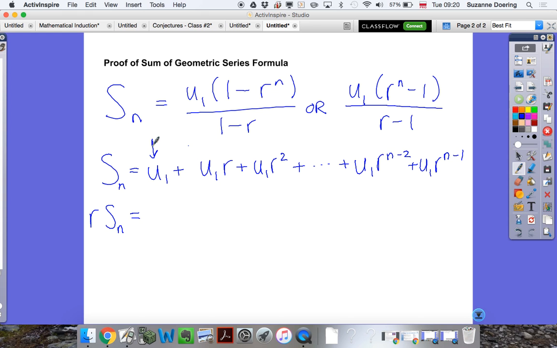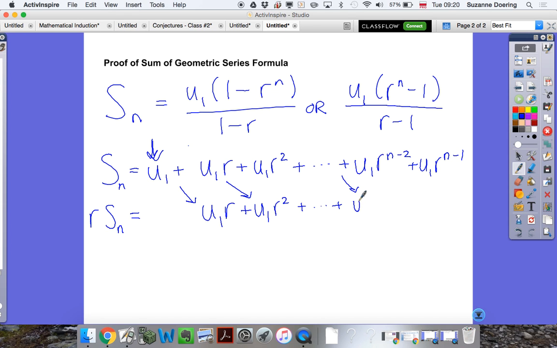So this u1 here, I'm going to multiply by r, and then it matches the second term above, so I'm going to write it underneath. And now I'm just going to shift over 1. Multiply this by r, multiply this by r, we'll have u1 r squared. And we keep doing that.